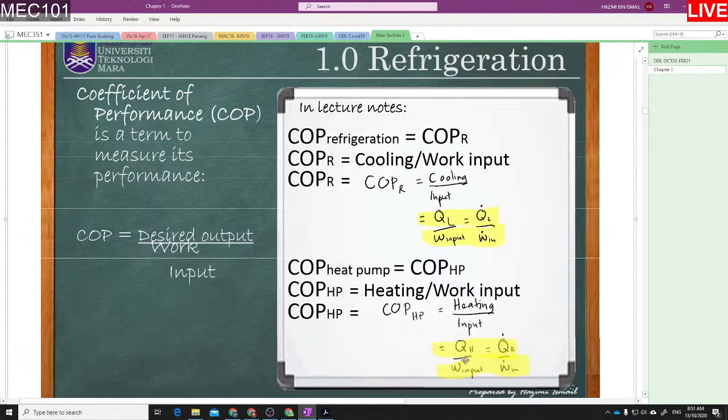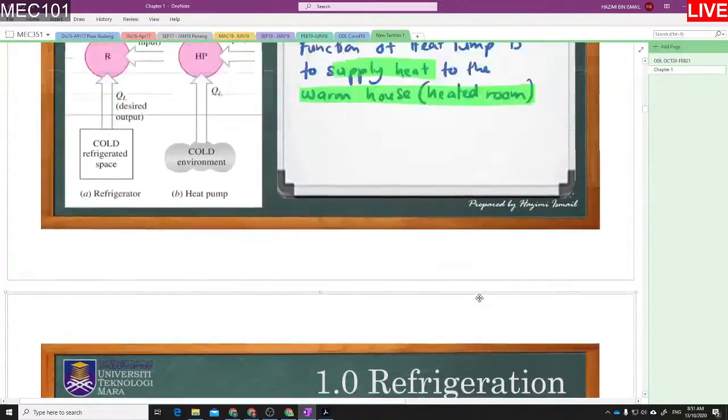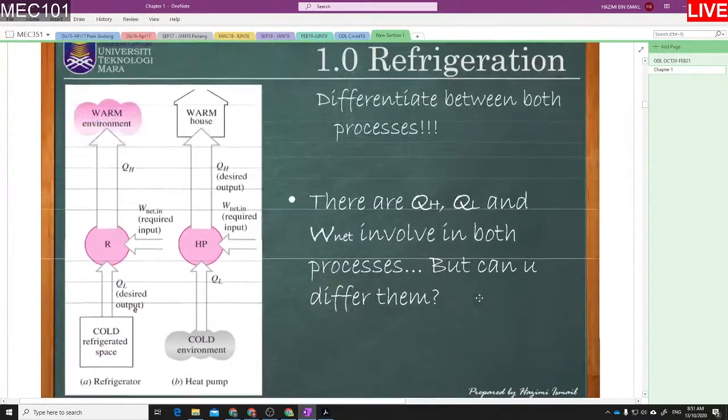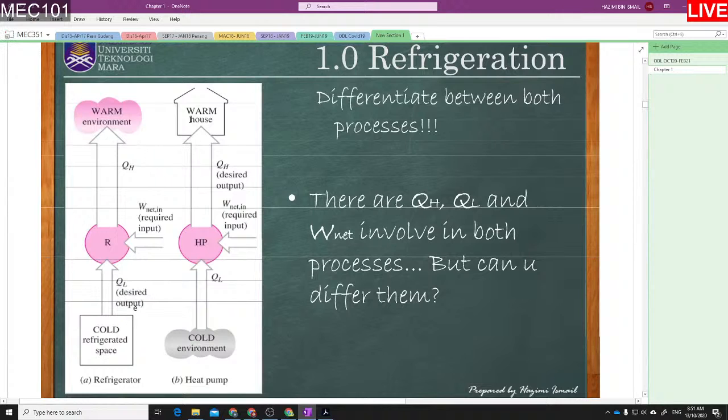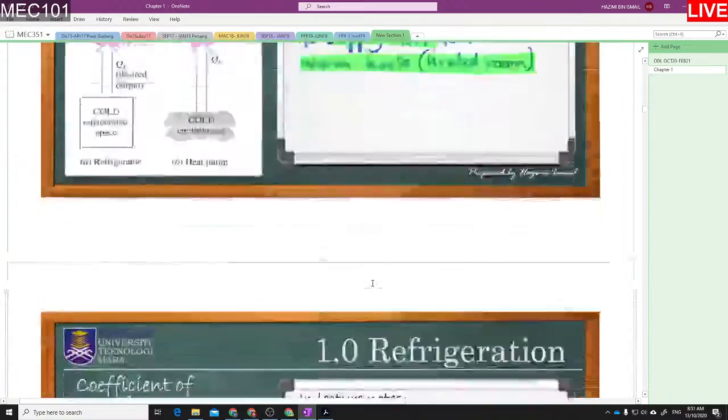So the output measured is the heat you absorb to supply the house. So they use Q dot H. It is a different symbol, but quite similar to the fundamental thermodynamic process we have learned earlier.